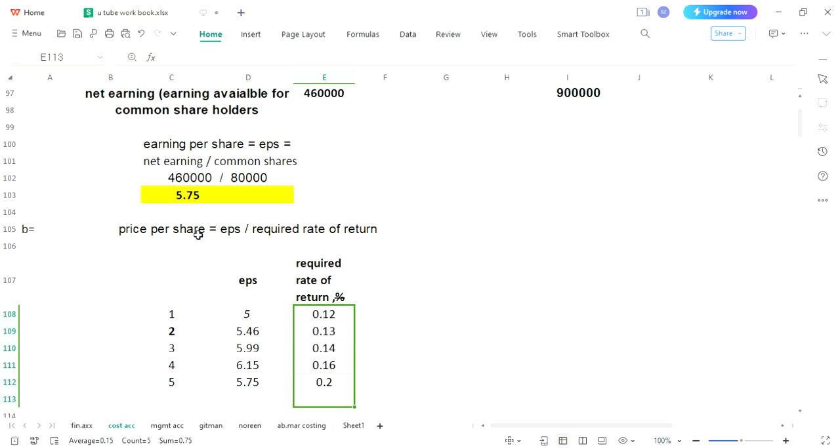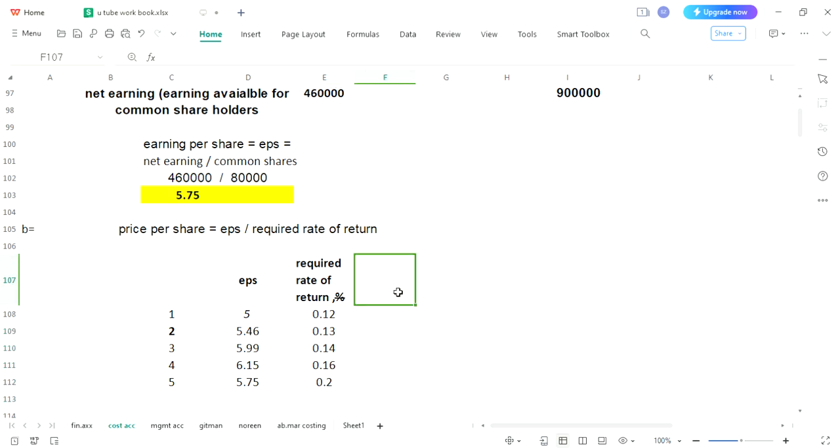Please note it down. How will we calculate price per share? For that, EPS would be taken and divided by required rate of return, and we need to adjust it as well.